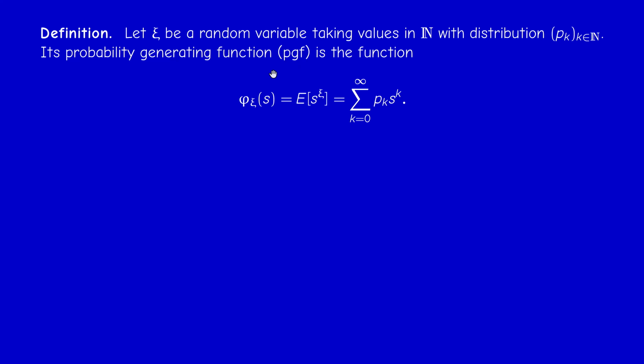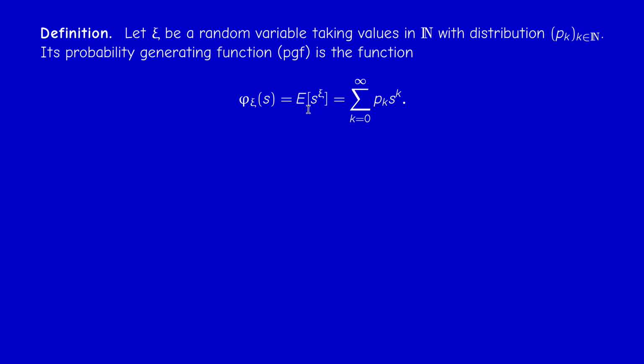So it's something very close to the moment generating function, fonction génératrice de moment, but instead of exponential e to the t xi, I have s to the xi. So by definition, it's this power series. So it's the sum of all values of s to the xi multiplied by the corresponding probability. So it's a power series about 0.